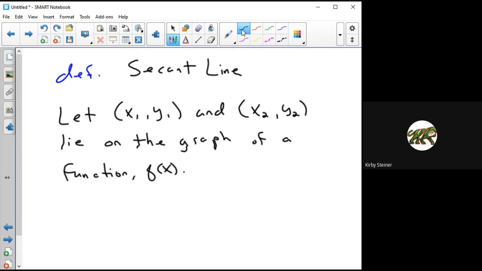The line that passes through these 2 points is called the secant line.